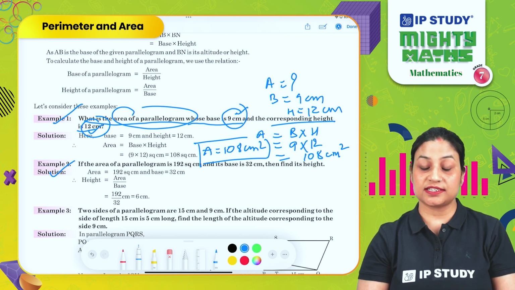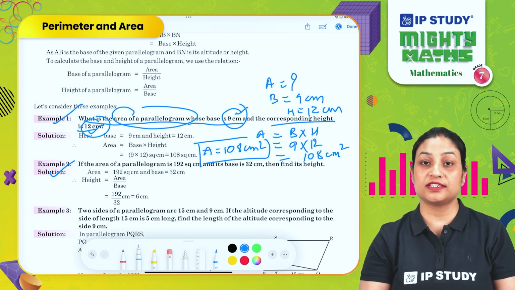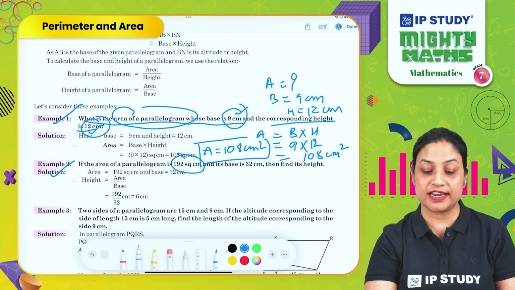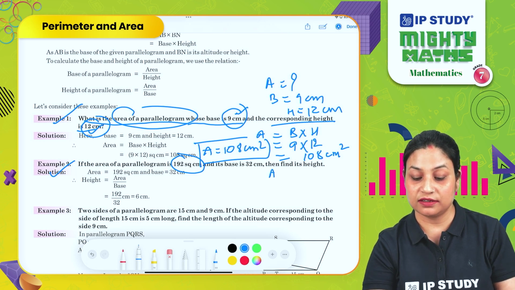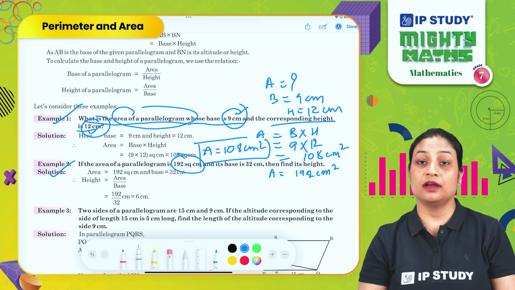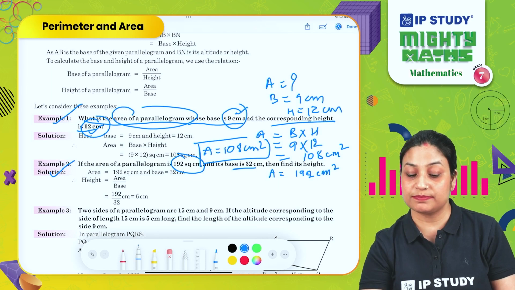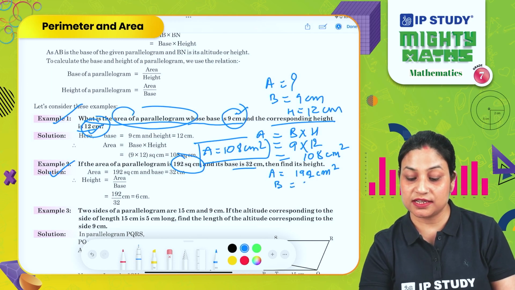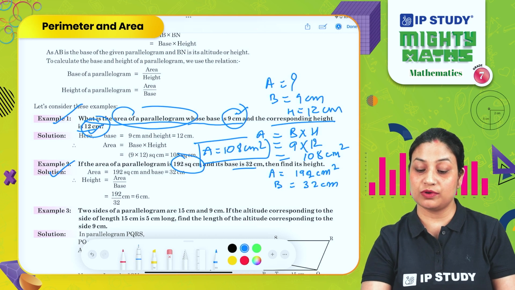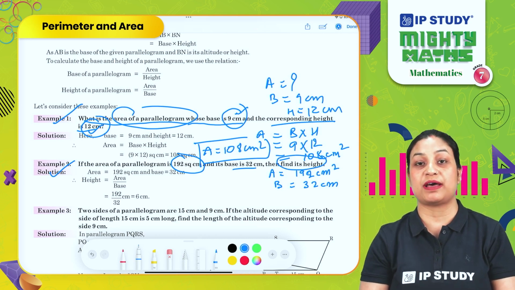So here this is another kind of question. What is given over here? We have given area. What is area? 192 centimeter square. What is another thing that is given to you? Base. What is base? Base is 32 centimeter. And what you are supposed to find out? You are supposed to find out the height of this parallelogram.